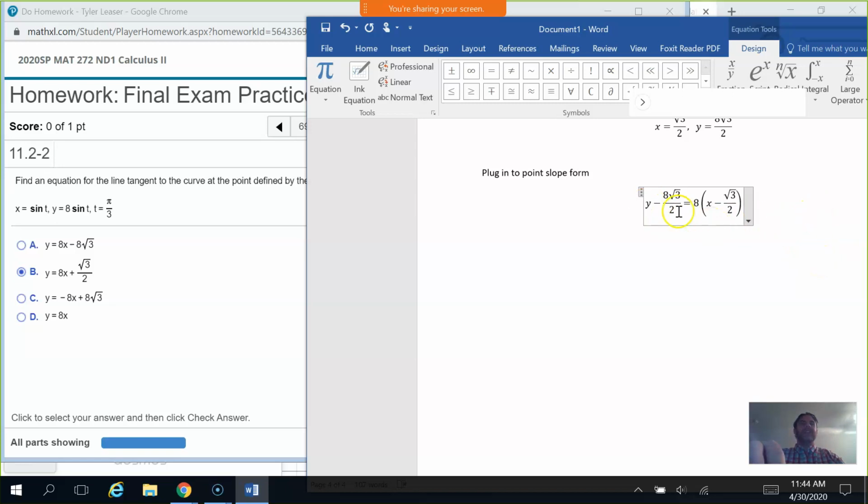Usually you can just leave it like this and plug it in, but of course this is multiple choice stuff, so we have to keep going until it matches. We'll distribute the 8 into here, and then we'll add over the 8 root 3 over 2. And I hope you can just kind of see what it's going to do without me typing it all out. The 8 root 3 over 2 on the left is going to cancel out with the 8 root 3 over 2 on the right. We're just going to end up with y equals 8x.